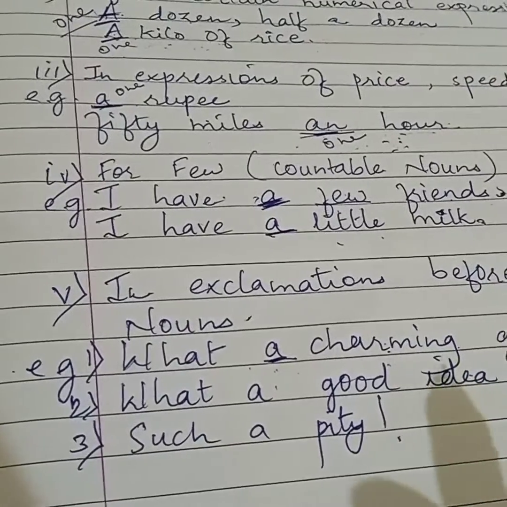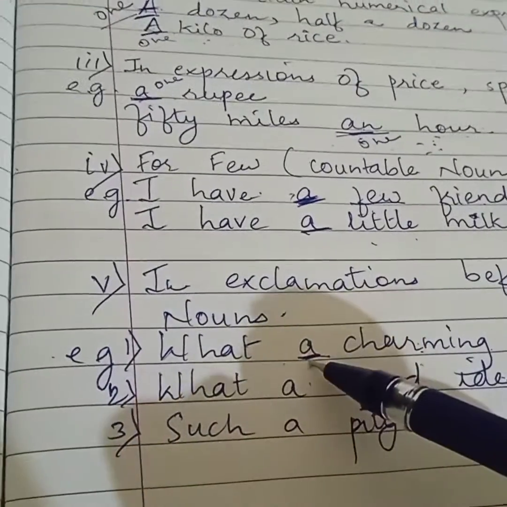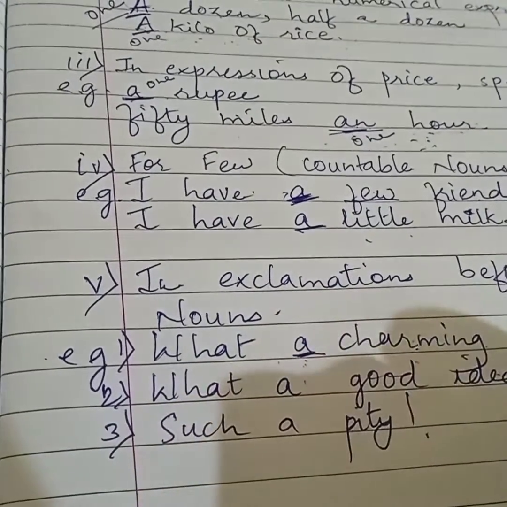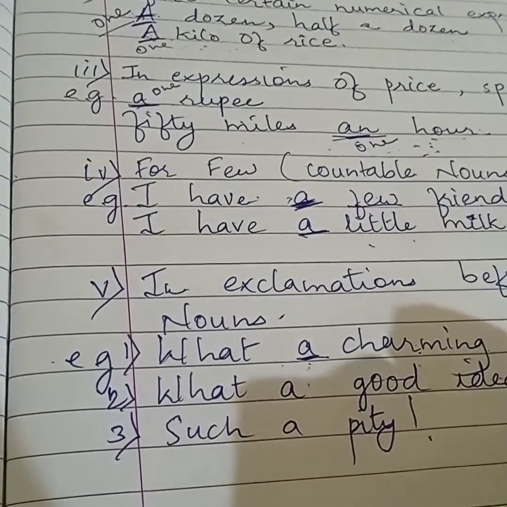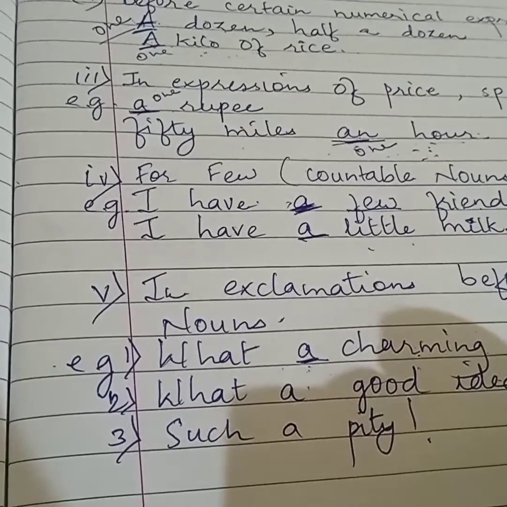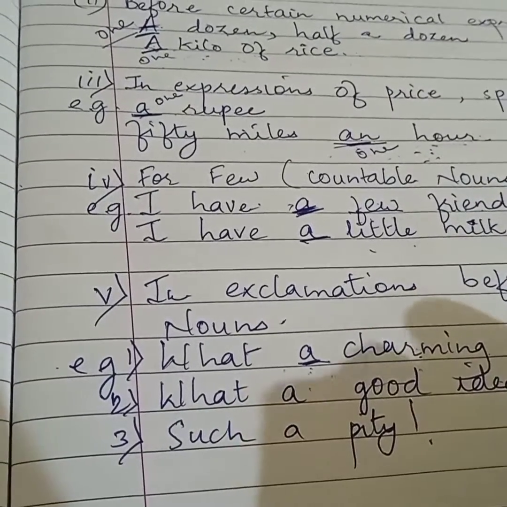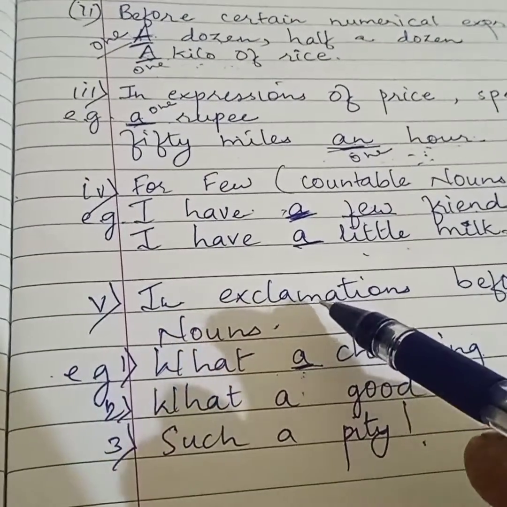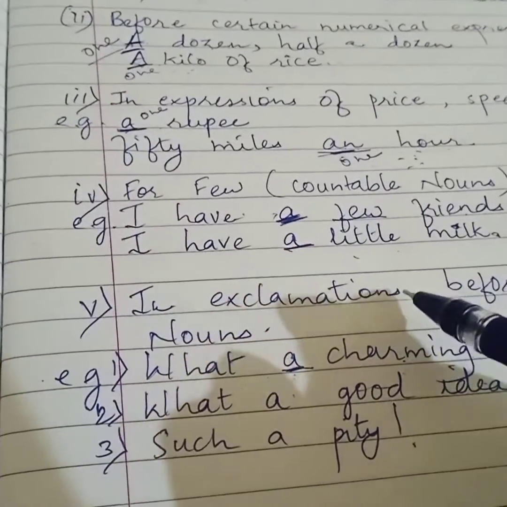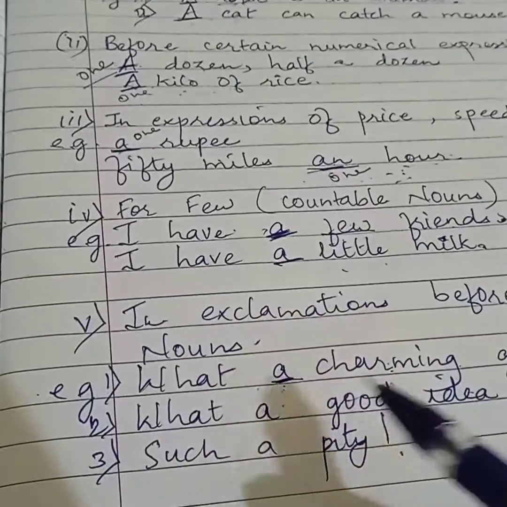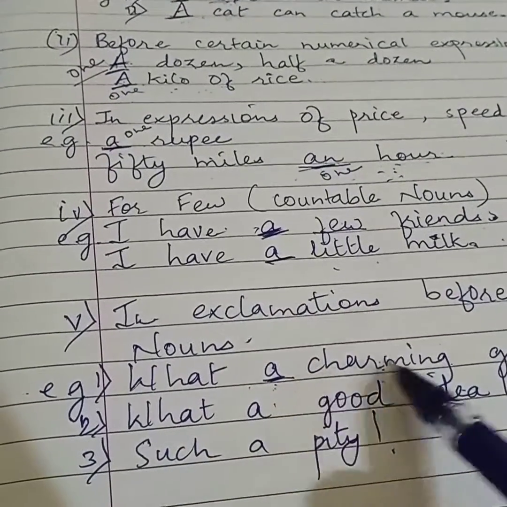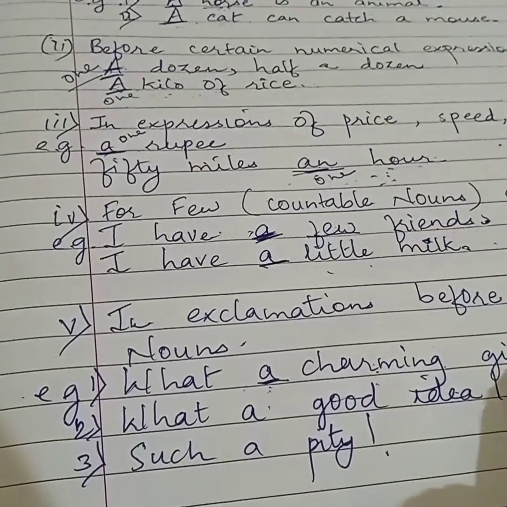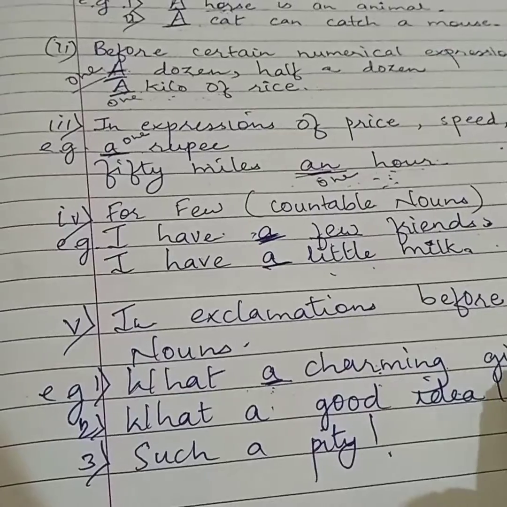Okay. What a charming girl? A, because girl. If this noun was in plural, girls, you cannot use A here. But remember that in order to exclaim, in order to express your emotions, you are using A or AN before singular nouns. Noun should be singular.